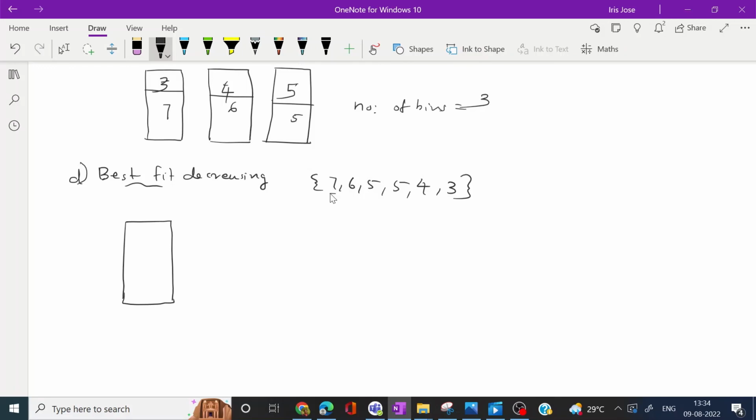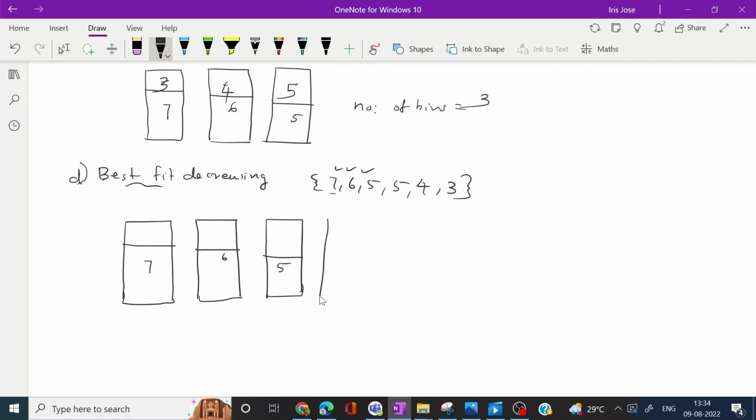So first it is 7. 7 is placed in the first bin. Then the next item is 6. For placing 6, we need to take another bin. So I have placed the item 6 here. Then the next item is 5. 5 cannot be placed in the previous 2 bins, so it will be placed in a new bin. So this is for 5.